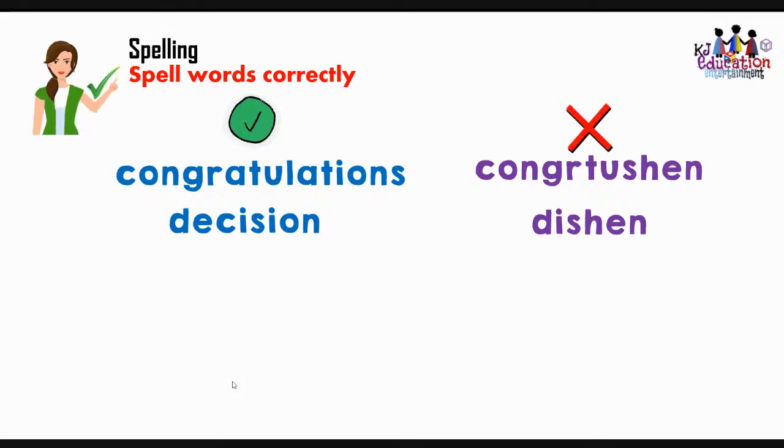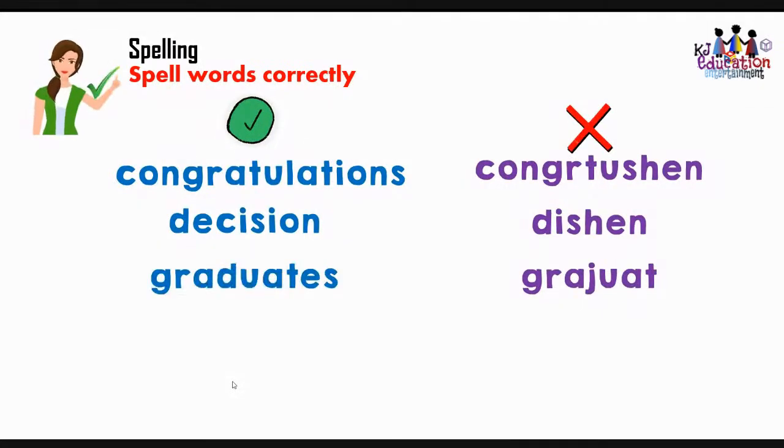Okay, all right. The next one, graduate. So what do you think it is? Graduate. Yes, graduates. So this is also another common word which is spelled wrongly. Okay, let's move on to the next one. Interested.